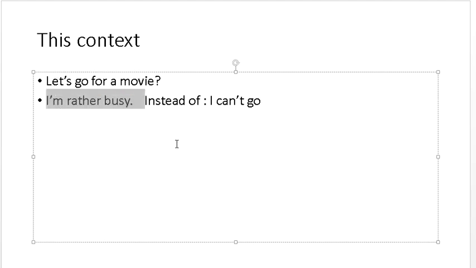But in this context, it is conveying a very polite kind of refusal. So here our paralanguage is working, and the context, let's go for a movie and I'm rather busy, explains it well. So paralanguage is a non-verbal communication, and it may be quite effective.